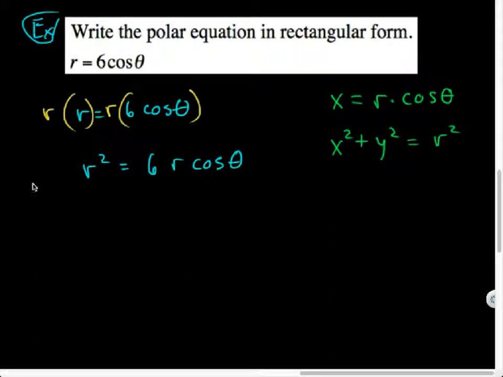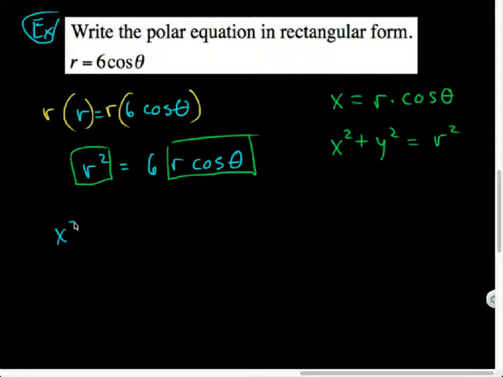Multiply both sides by r. And now I could substitute in here and here, and I think that's going to get rid of all of my r's and thetas. So multiplying both sides by r gave me an r cos theta, which I liked, and then also gave me an r squared, which I knew how to deal with.